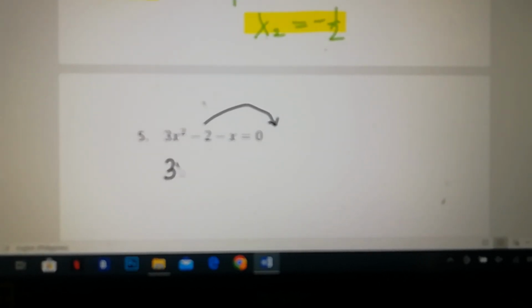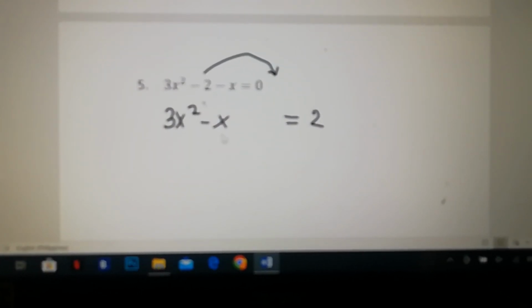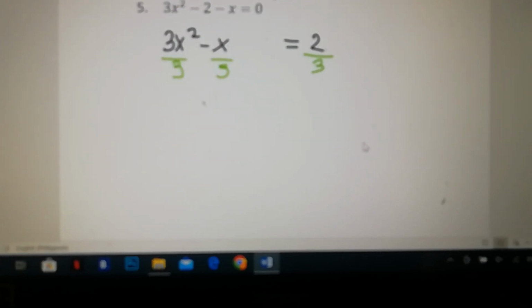So 3x squared minus x is equal to positive 2. Okay, second is we divide each term of the equation by the coefficient of a, which is equal to 3. Divide this by 3, divide this by 3, divide this by 3. So that is the division property of equality.